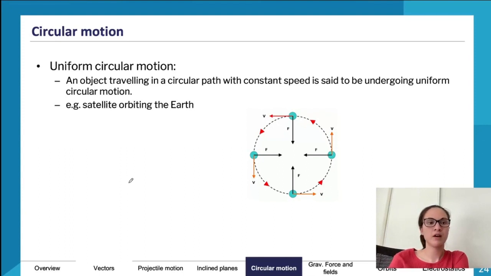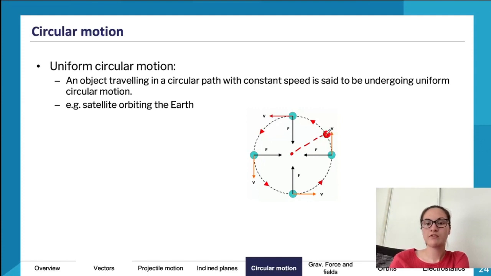Yeah, so I'll just explain what circular motion is. So we got uniform circular motion. An object traveling in a circular path with constant speed is said to be undergoing uniform circular motion, such as a satellite orbiting the Earth. So as you can see here, say you've got a stick with a string that goes out to the edge, like when you're a kid and you've got a ball on a string and you just twirl it round and round like a helicopter.